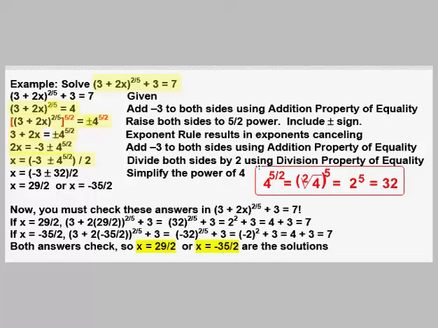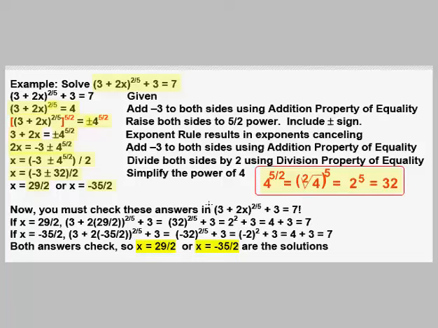And note that 4 to the 5/2 is equal to the square root of 4 raised to the 5th power, which would be 2 to the 5th, and that's where we get the 32 from in the next step. So x equals negative 3 plus or minus 32, all over 2. That gives us two solutions: negative 3 plus 32, or 29/2, and negative 3 minus 32 over 2, negative 35/2.